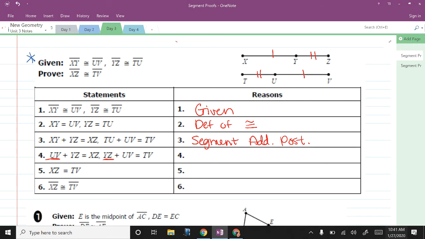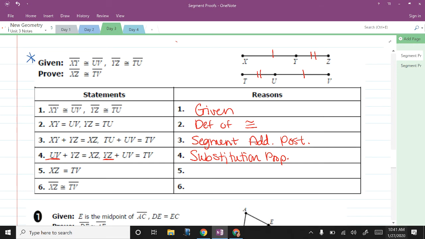So you can use anything you have said as a statement above it. And then right here, TU changed to YZ. Now, didn't I already learn that those are equal? Which property says if I know 2 things are equal, I can replace them? Substitution. Very good. So if you've already stated it, then you can use it in a proof. Anything you have previously stated, you could use.